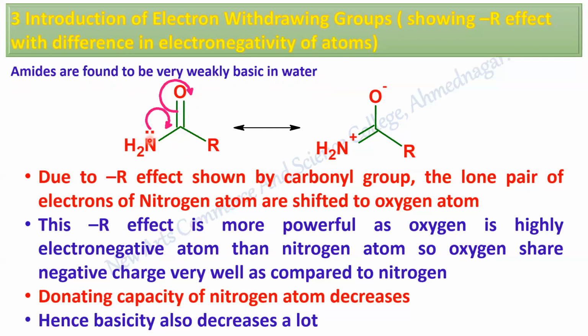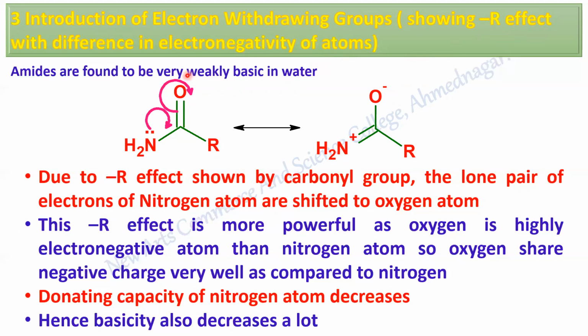The electron pair present on this nitrogen is shifted towards the oxygen, and you can see in the resonating structure that now the nitrogen has a positive charge, so no more electron density with this nitrogen, but the oxygen has electron density now. So whatever electron density is there with this nitrogen, due to the electron withdrawing resonance effect, is now shifted towards the oxygen. And the point is what?